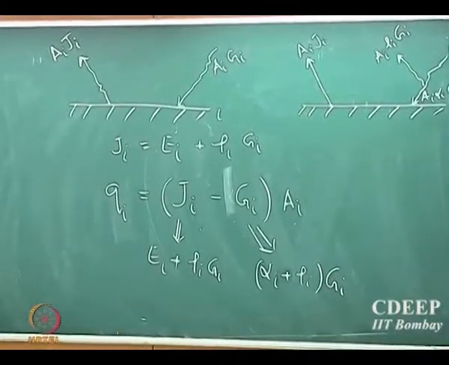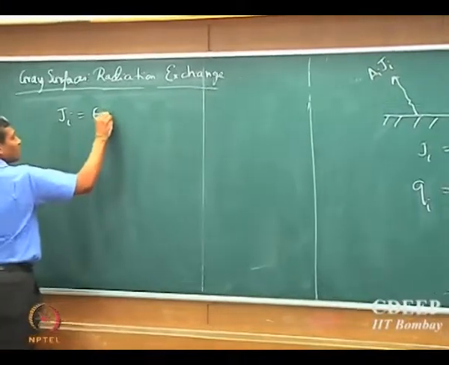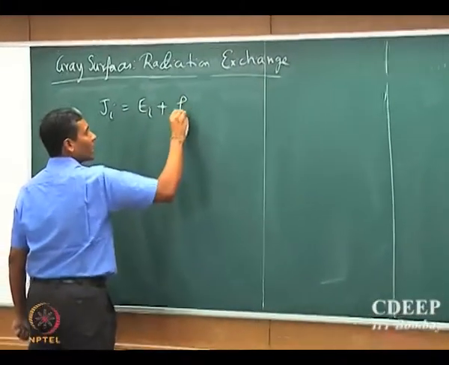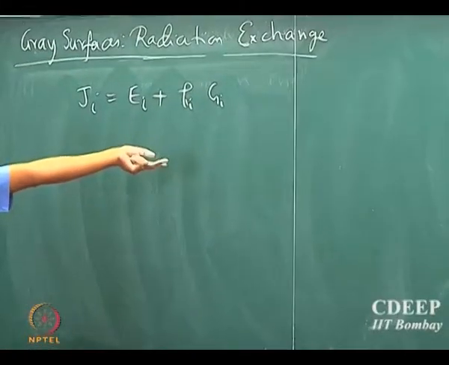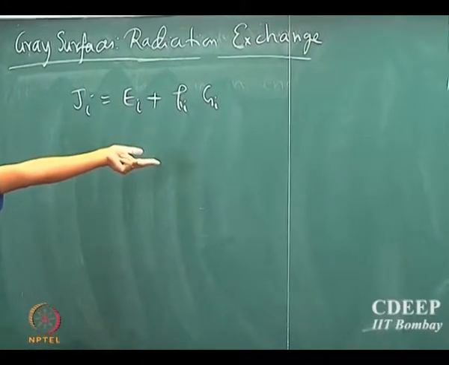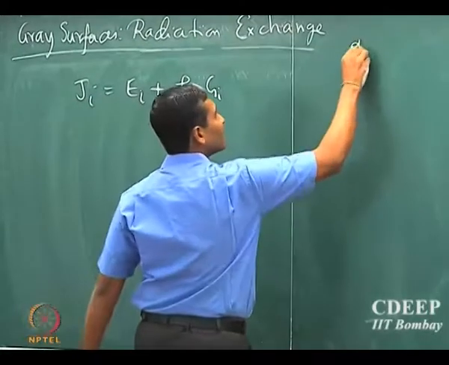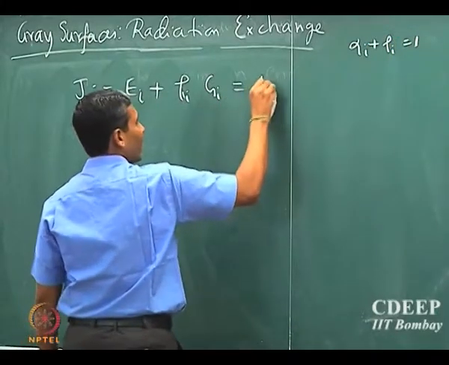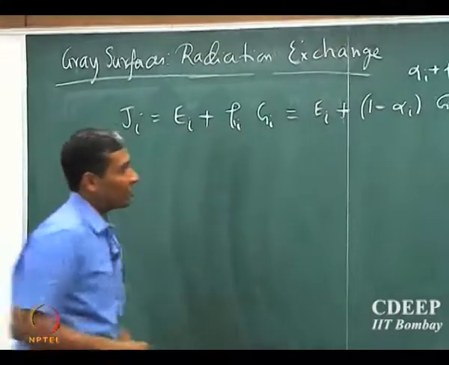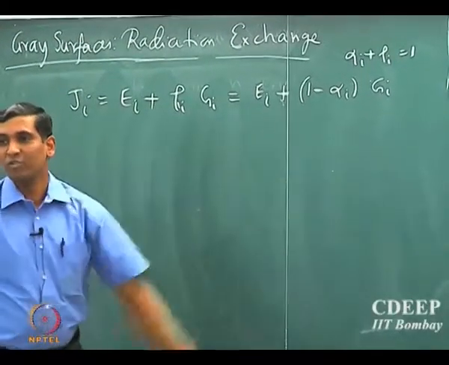Now we know that Ji is Ei plus rho I into Gi, but the surface is opaque, so rho I can be expressed in terms of the absorptivity. We know that alpha I plus rho I equals 1. So Ji is Ei plus 1 minus alpha I into Gi.